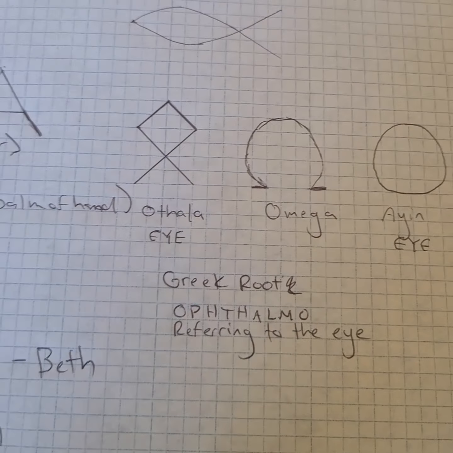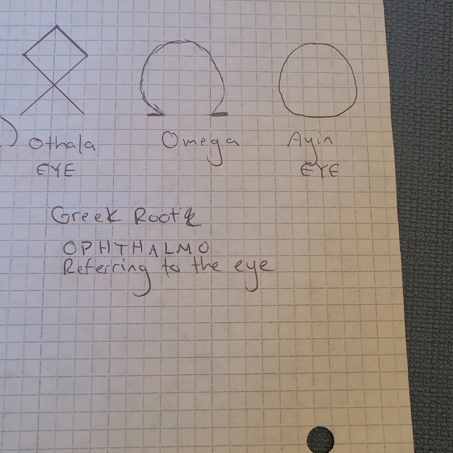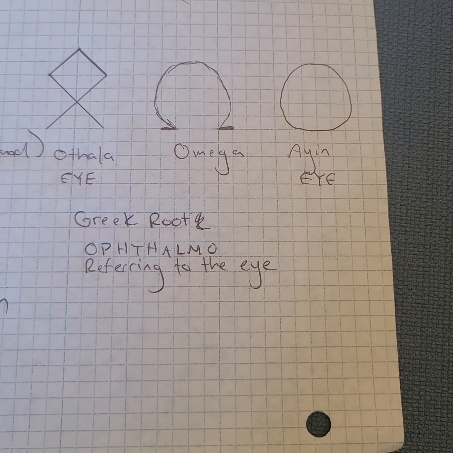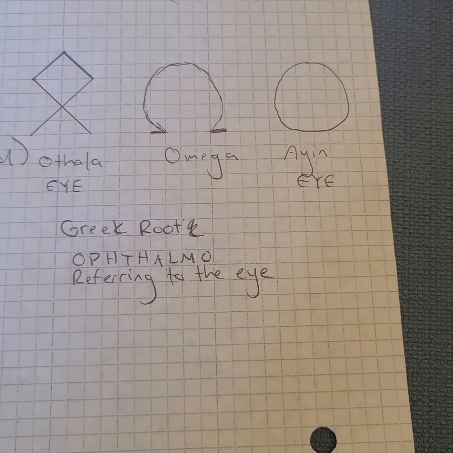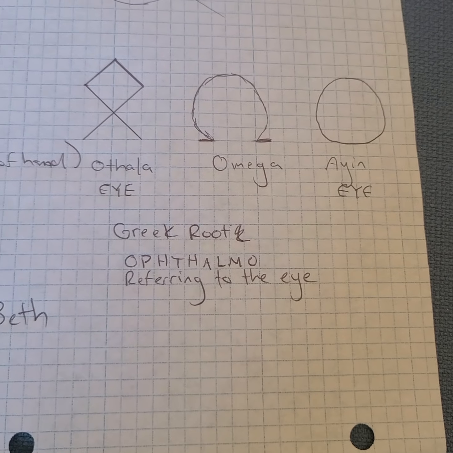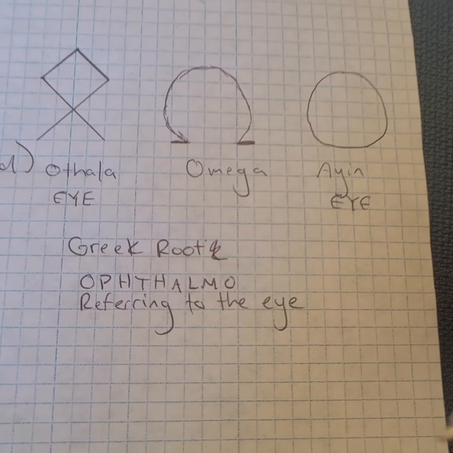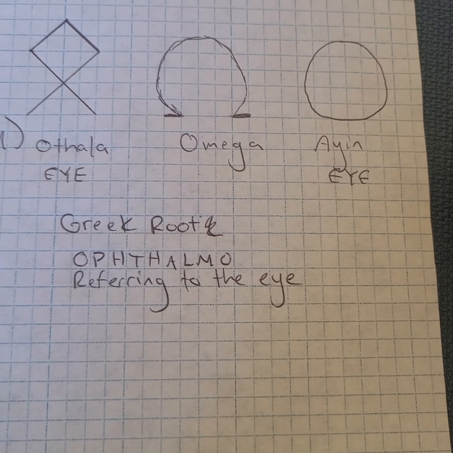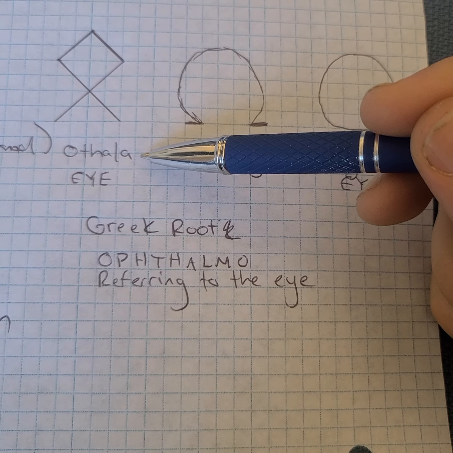Okay, so this one's really interesting, and I want to share it with people because it's very profound. Jesus says that he is the Alpha and the Omega, the beginning and the end. Well, the end of the runic alphabet in most interpretations that I've seen is Othala.